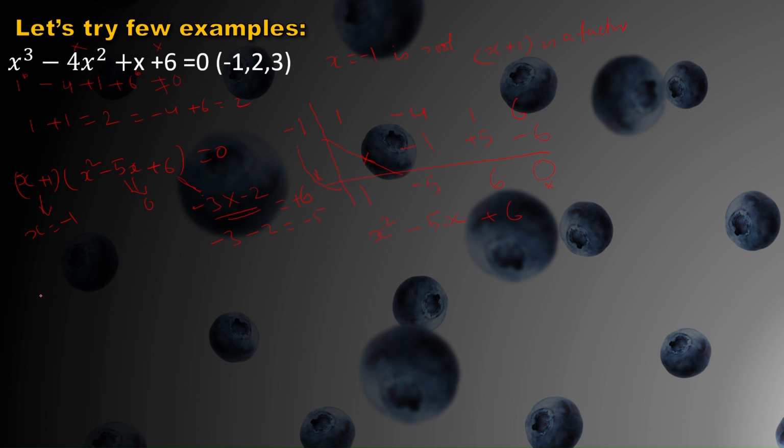So clearly, first of all we can write the factors x plus 1, x minus 3 and x minus 2 as 0, and then the roots are minus 1, 3 and plus 2. So these three are the roots of this equation.